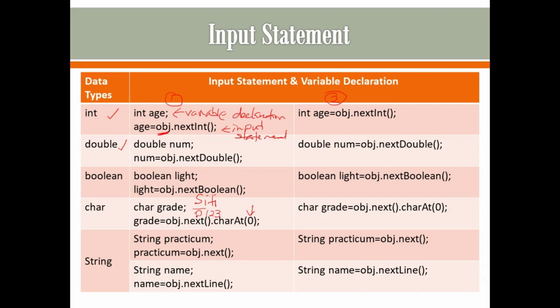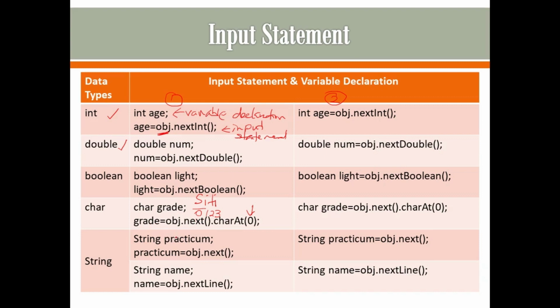So we start with 0, 1, 2, 3. That's why we put 0. If the user keys in a grade like A, B, C, D, we choose the first place of the char. You understand?